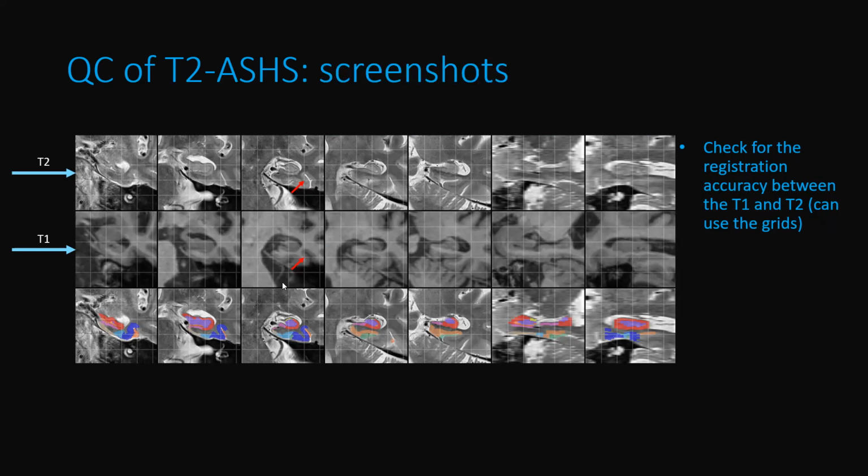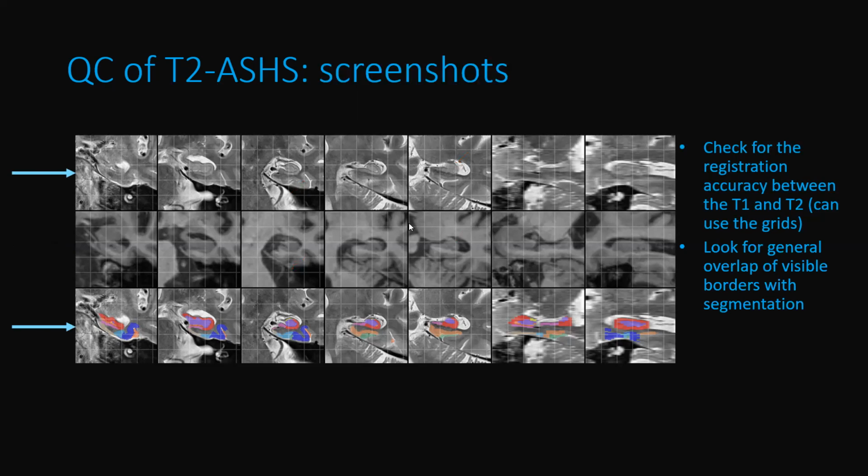So that looks like a good alignment. And this is an example of another one where you see the crosshairs at the border of the hippocampus. In general, I would say this is very well aligned. This is generally not an issue. I couldn't even find an example where it was misregistered, but in general, I think it's good to check anyway.